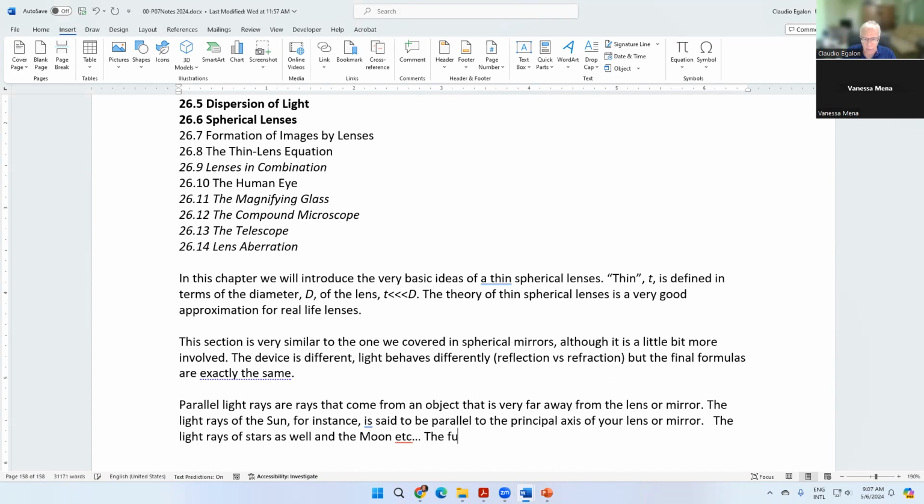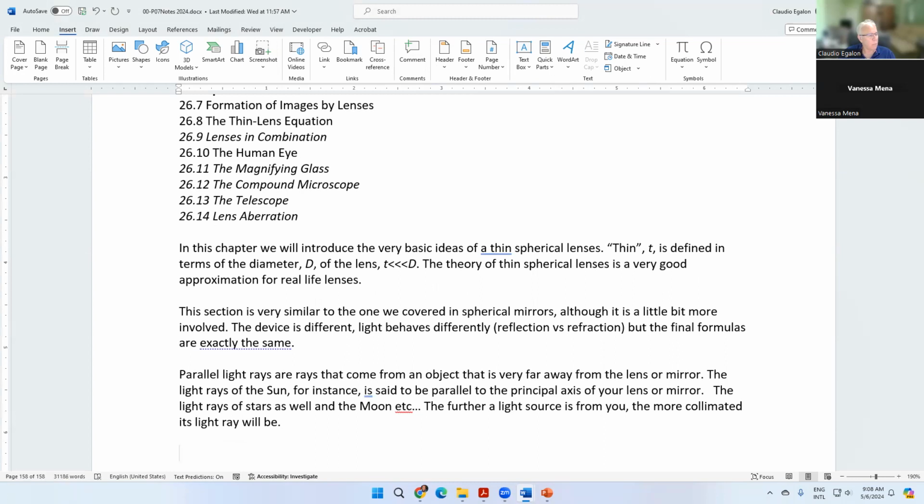So the further a light source is from you, the more collimated its light rays will be.